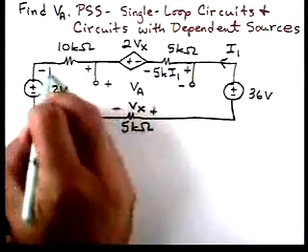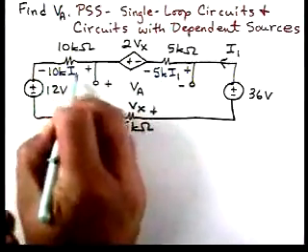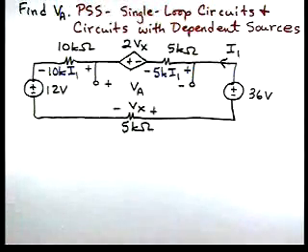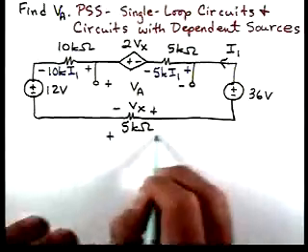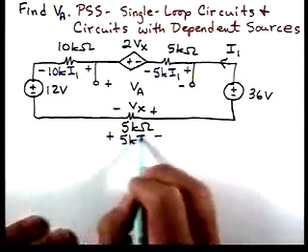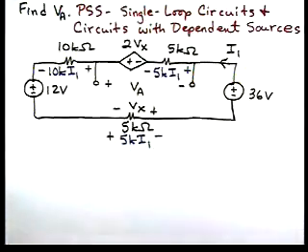For this resistor, we have 10K I1. And down on the bottom, with this resistor, we have 5K I1. So now we've completed the first two steps.